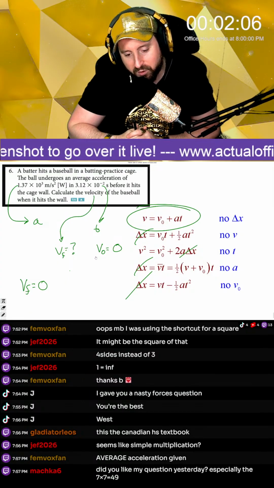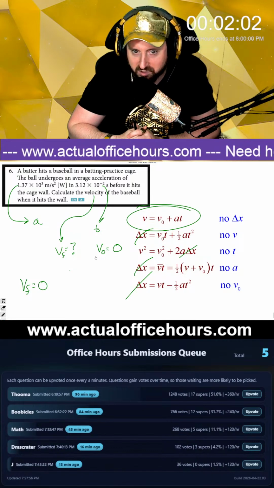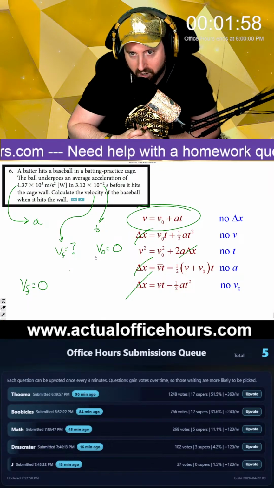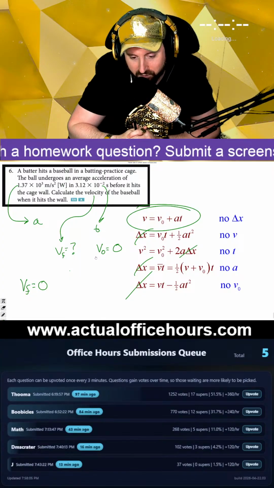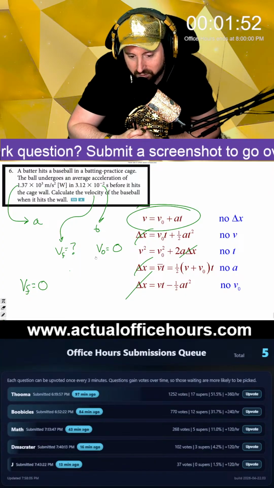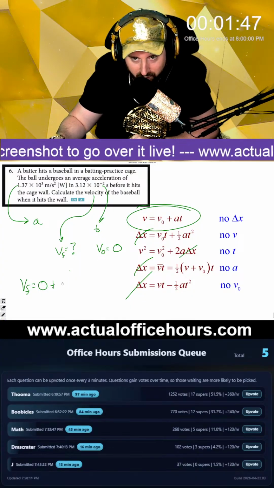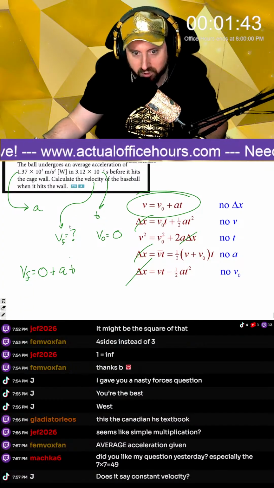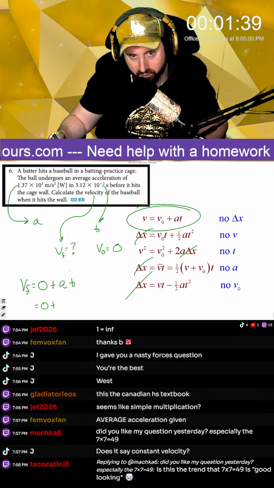I assume the reason they're saying average acceleration is because there's a force being imparted on the ball. I don't think it's that serious. No, velocity is not constant. Can't be. If you have acceleration, velocity is 100% not constant. I think it's literally just this. I think it's just plus A times T, and you can say average. Am I crazy? I don't think I'm crazy.